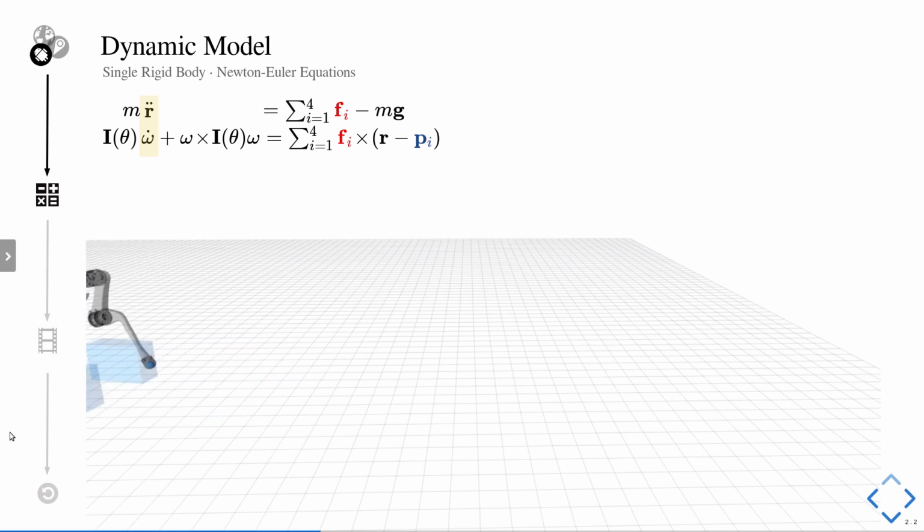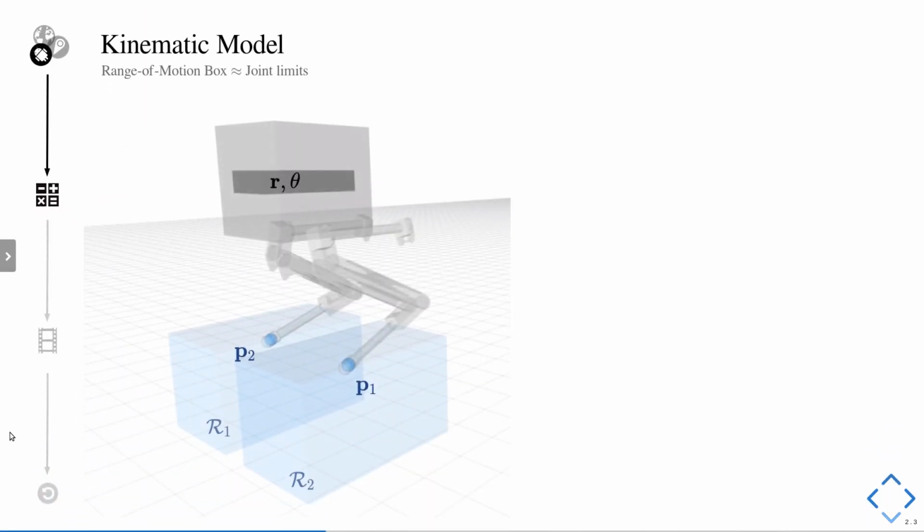Another important constraint that we have to enforce in order to create physically feasible motions is the kinematic model. The kinematic model is an approximation of the joint limits and makes sure that we do not violate them.